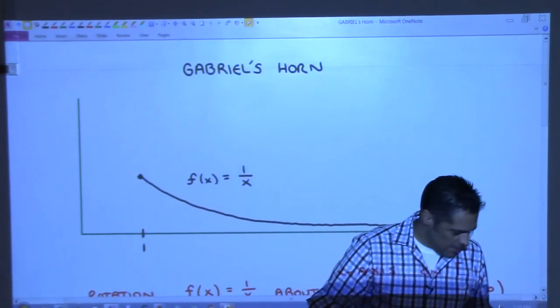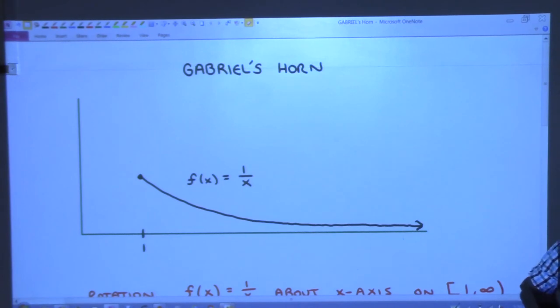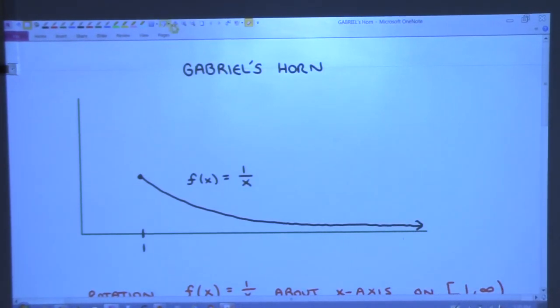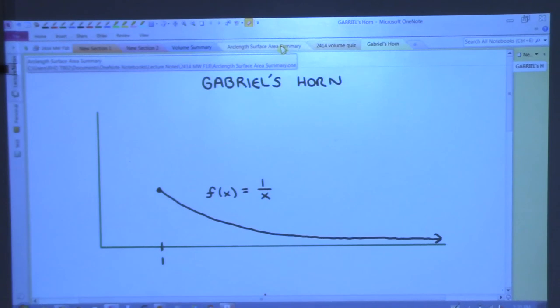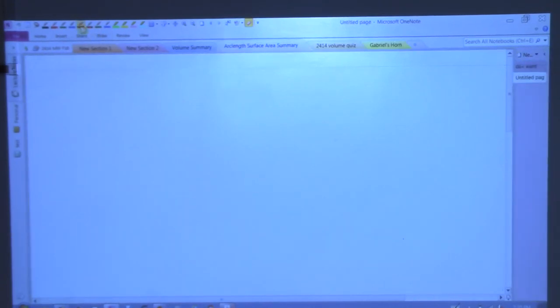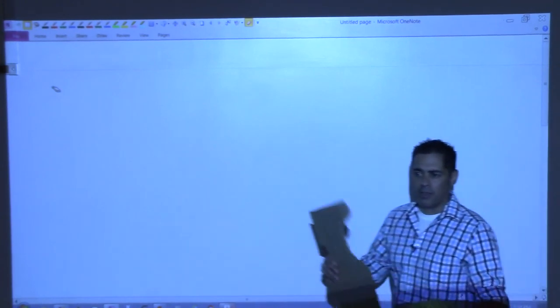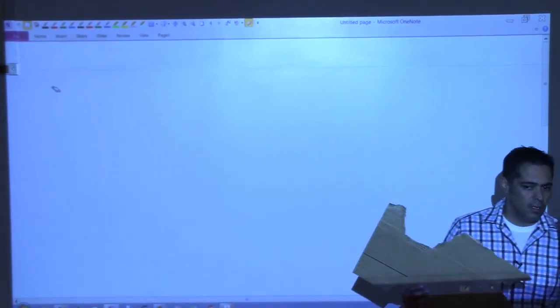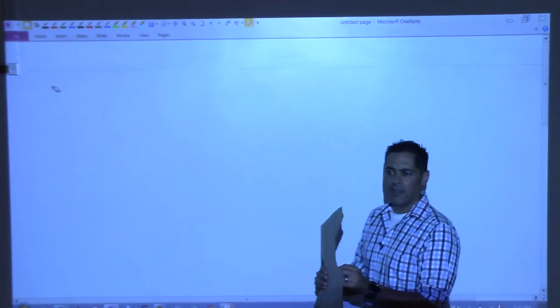Okay, so we're going to talk about center of mass. Now I need to clarify a few things. First of all, we are talking about two-dimensional objects, not three-dimensional. If you want to do three-dimensional, in Cal 3 we find centers of mass of three-dimensional objects.